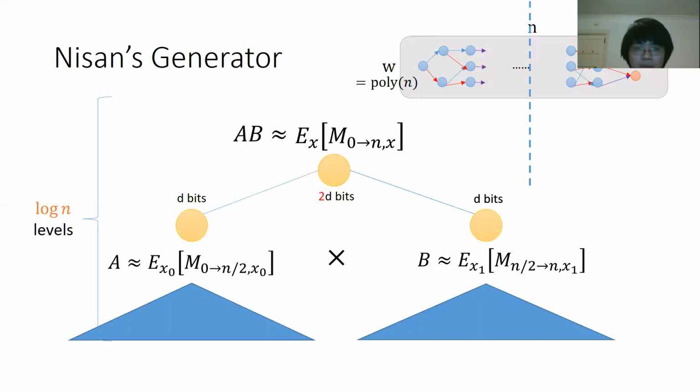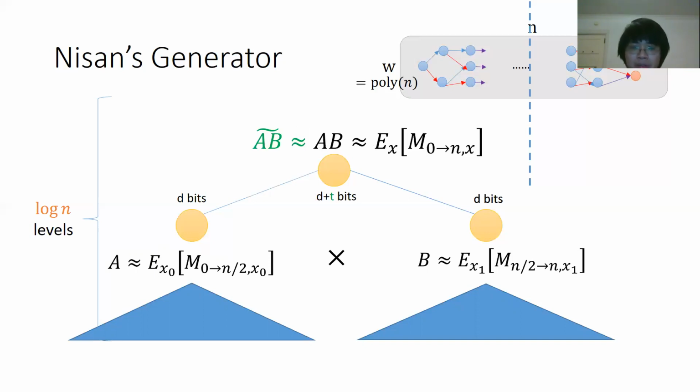However, if both A and B take d bits, then AB will require 2d bits to implement. And because we have log n levels of recursion, this factor 2 is too large. So the idea of Nisan's generator is to further approximate this matrix AB with another matrix tilde AB, which only has seed length d plus T, which is only T bits larger than each side.